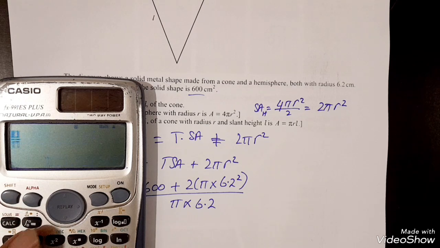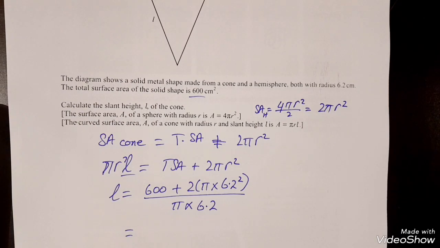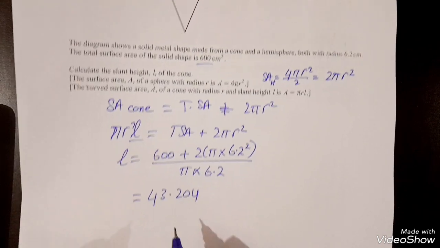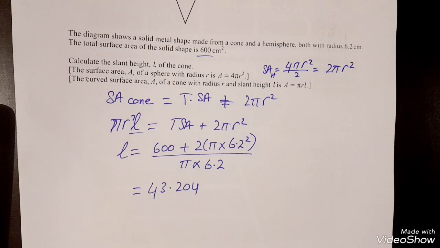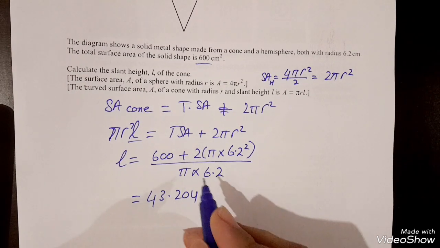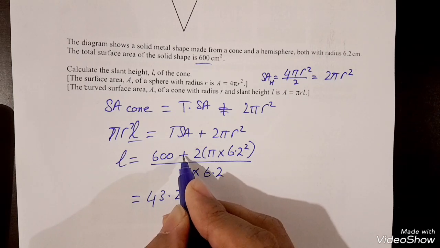Then over here pi multiplied by 6.2 is 43.204. Sorry, my bad, here we have to use minus, not plus.